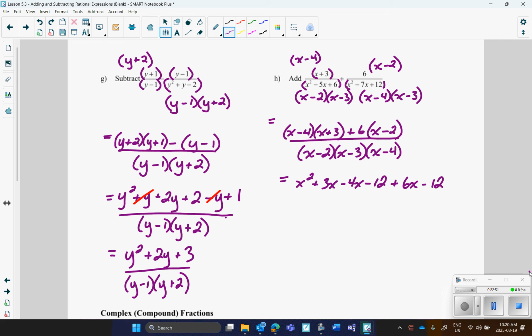That's 6x minus 12 over this LCD. If I simplify it, I get x squared, and then 3x minus 4x plus 6x is 5x, minus 24.